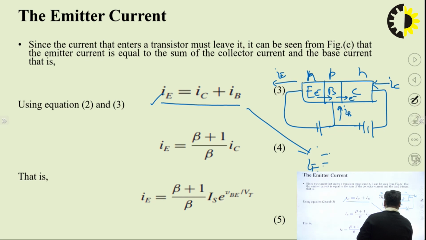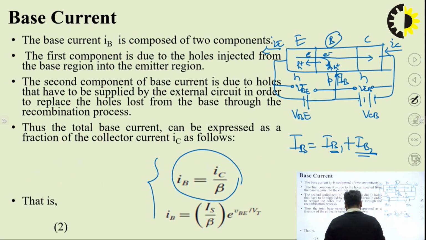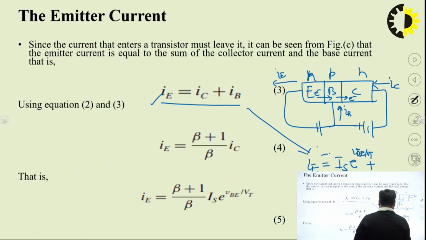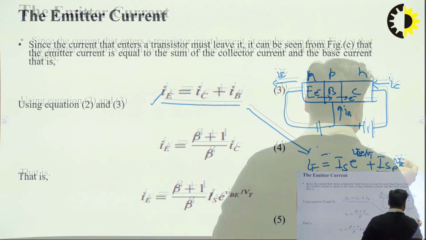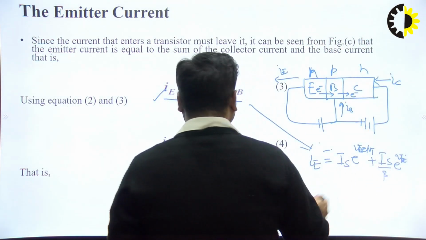IE will be equal to IS e to the power VB upon VT plus IS upon beta e to the power VB upon VT. So IE is equal to IS e to the power VB upon VT plus IS upon beta e to the power VB upon VT.